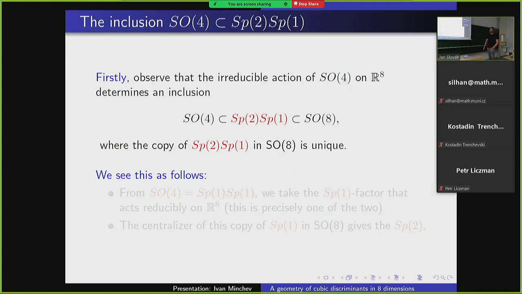The first thing I would like to observe is some basic facts about the reducible action of SO(4) on R^8.